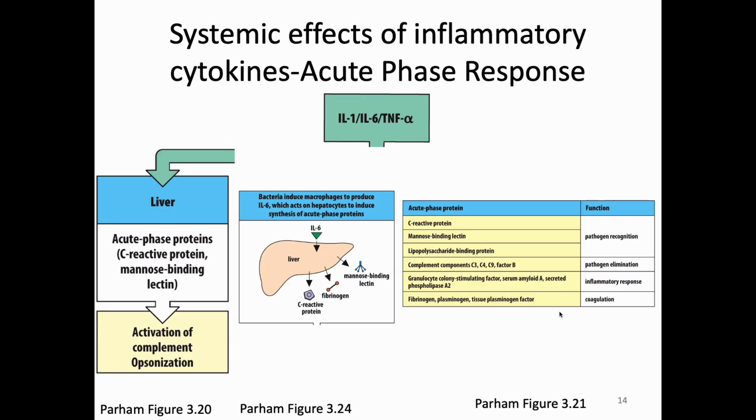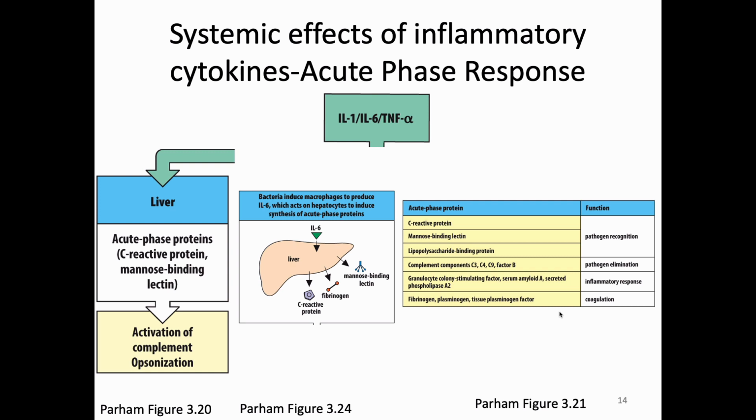Some of those cytokines will travel to the liver. When those cytokines, like IL-6 that you can see here, travel to the liver, it will result in the liver making some new proteins.